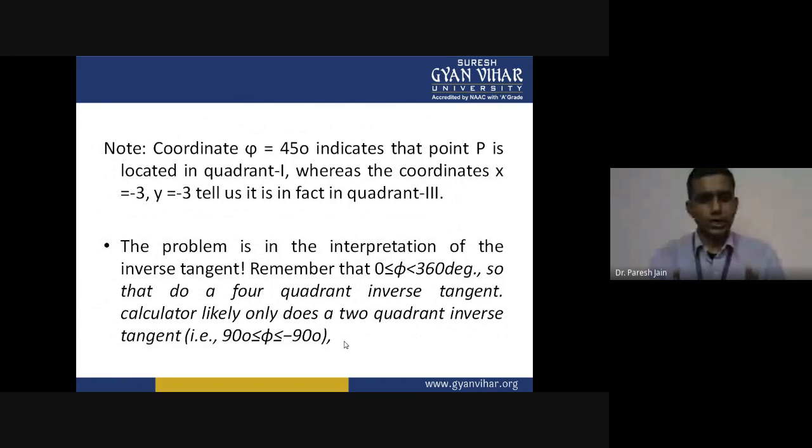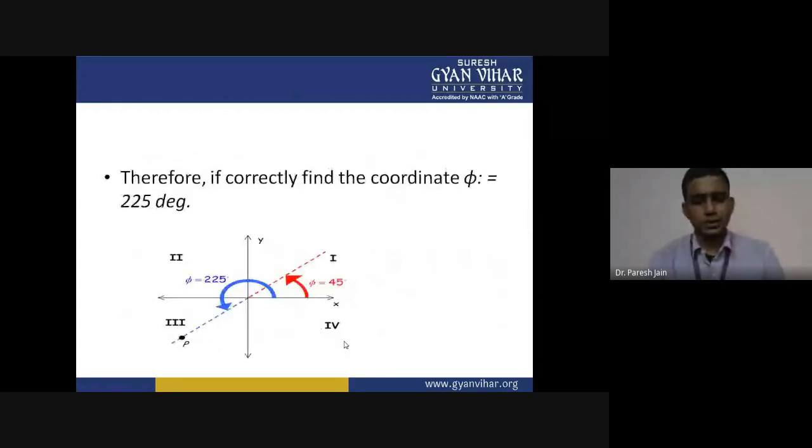A calculator likely only does a two-quadrant inverse tangent, that is, phi lies from 90 degrees to -90 degrees. Therefore, if we correctly find the coordinate phi, it is 225 degrees.